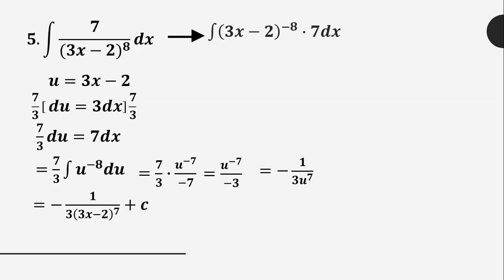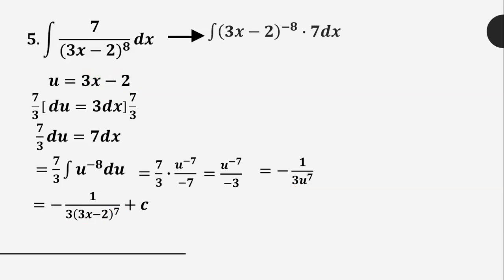And we can now replace u by 3x minus 2. So that becomes negative 1 over 3 times the quantity 3x minus 2 raised to the 7th power plus c. Never distribute the 3, okay? Because you have an operation which is a 7th power. Some students might think that you can still simplify that one by distribution. No, this is already the final answer.